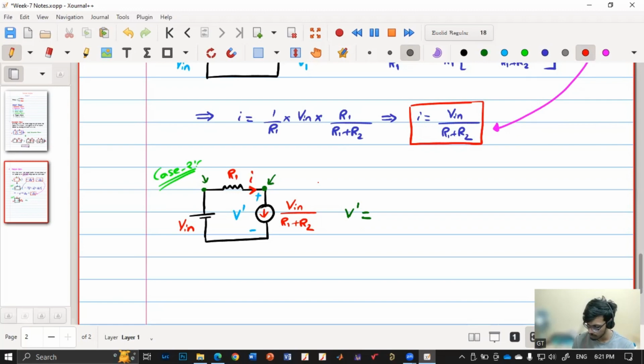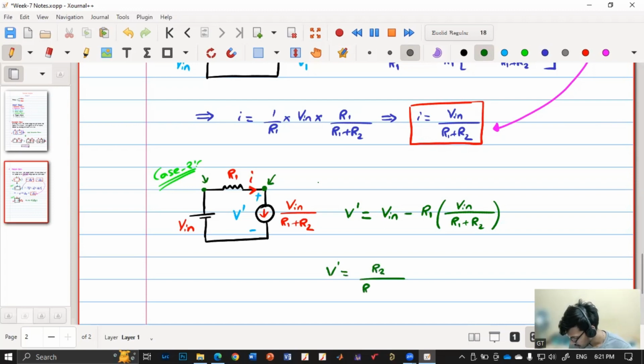Now I want to find this V dash. Can you tell in terms of V in, I and R1? V in minus I into R1. Yes, V in minus I into R1. I is already known, V in by R1 plus R2. If you simplify, you will get V dash equal to R2 by R1 plus R2 into V.